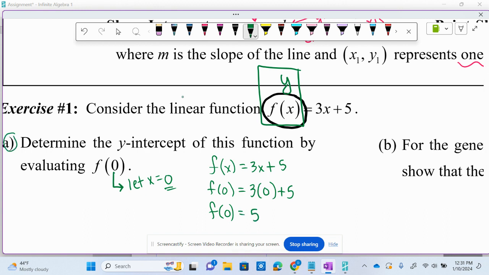So this question says determine the y-intercept of the function by evaluating f of 0 or by letting x equal 0. Why does this give me the y-intercept? What happens when we cross the y-axis? That's what intercept means.